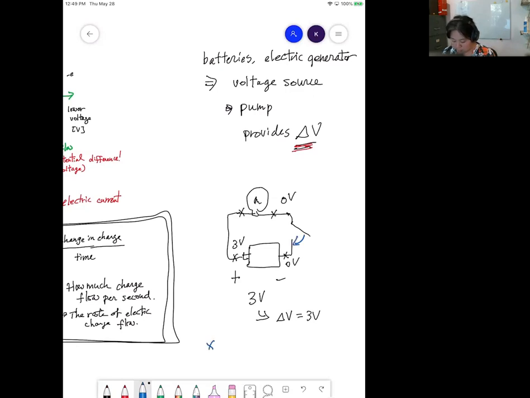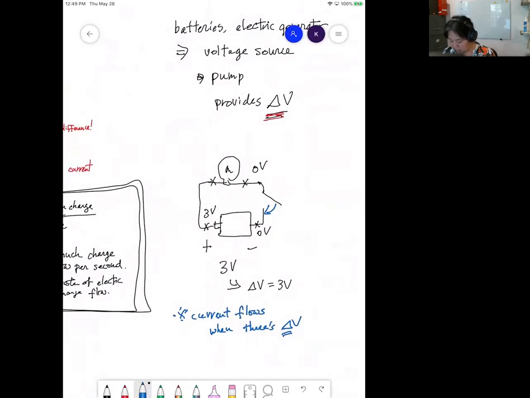So for the current to flow, there must be a change in voltage and it must be in a closed circuit.